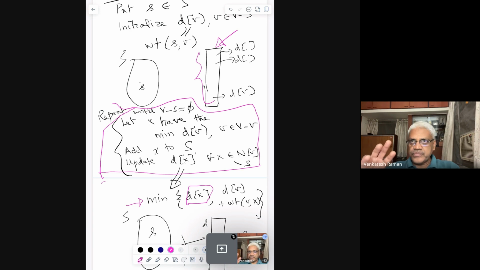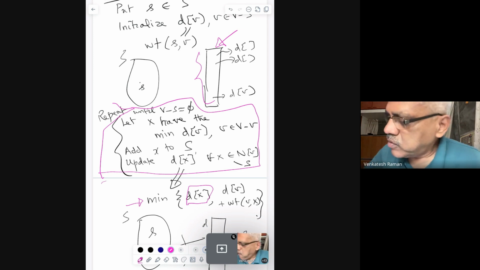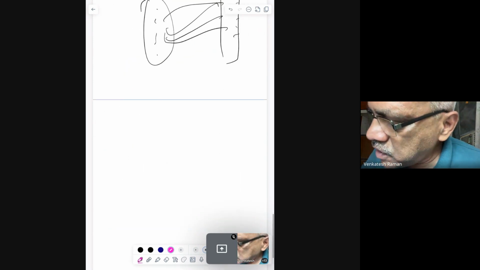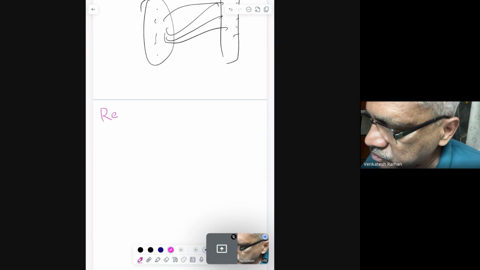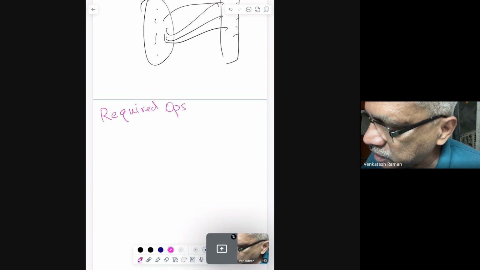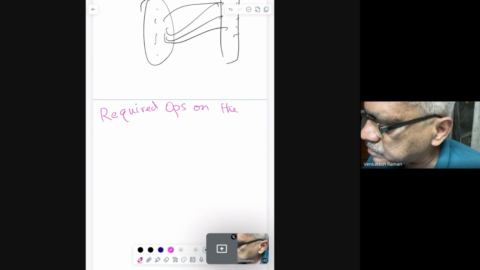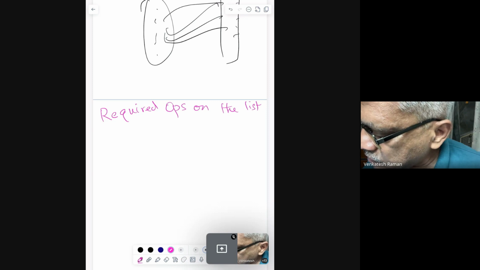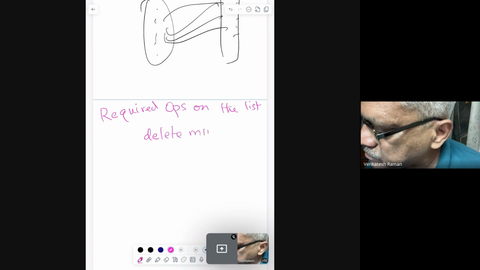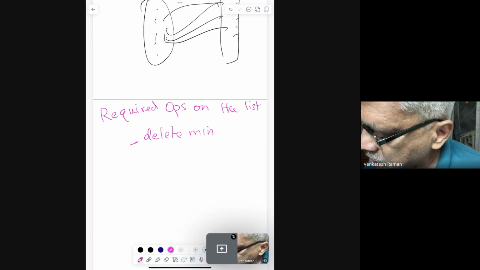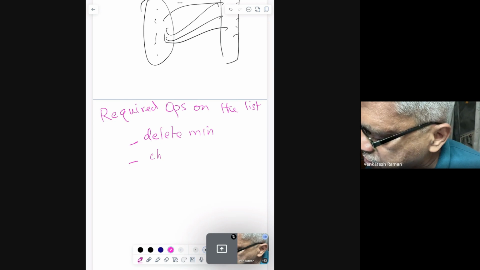So the required operations on the list are delete min or extract min, and change or decrease value.